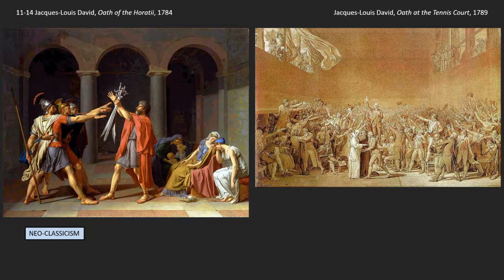And these two were shown side by side. The one on the right was going to be a massive, 25-foot across painting, all the figures life-sized. He never finished it. Big surprise, right? But he has the sketch for it, the oath that they're taking on an indoor tennis court.